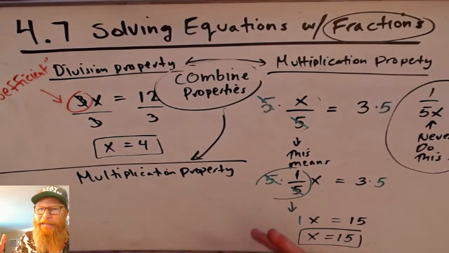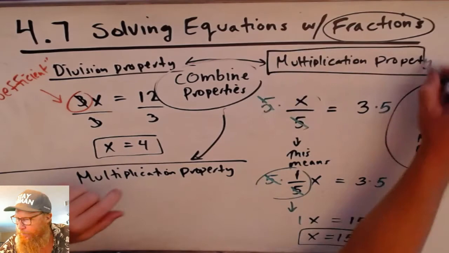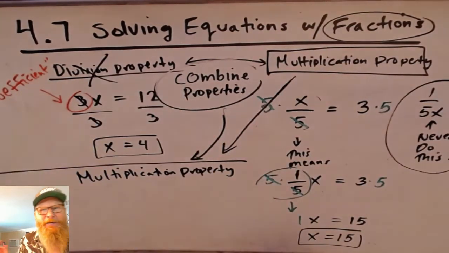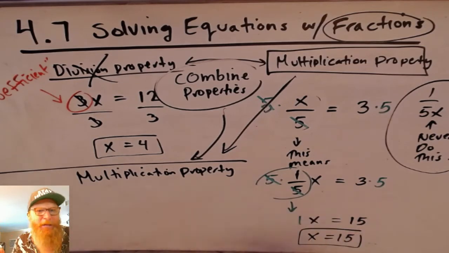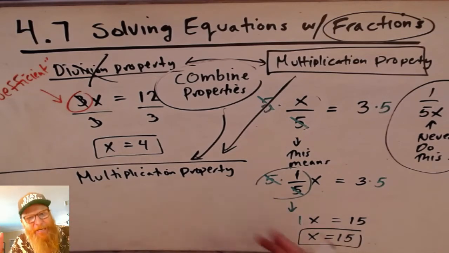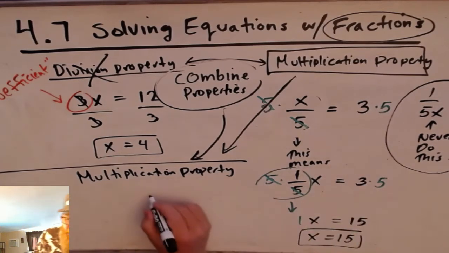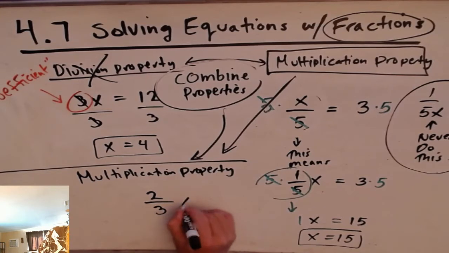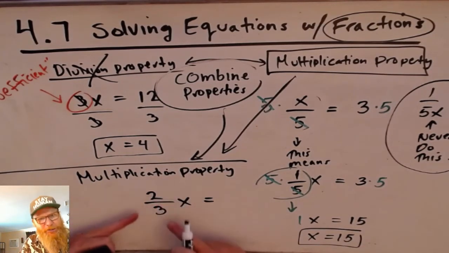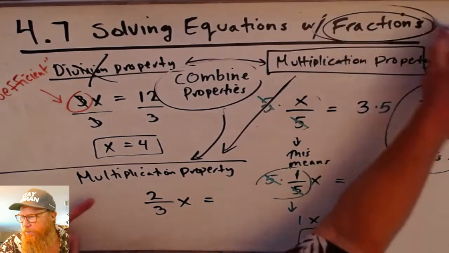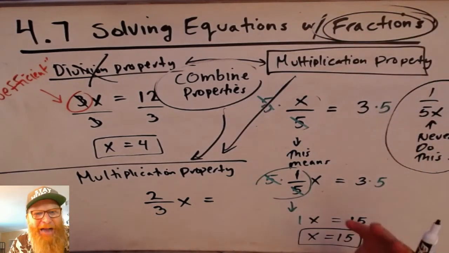And the reason why it takes the name of the multiplication property and not the division property is as we're moving forward in math, in this class and in your next algebra class, and ultimately through your college level mathematical life, you will hear professors, including myself, refer to this simply as the multiplication property. And so that is used when we have a combination of multiplication and division, also known as a rational number or a fraction.